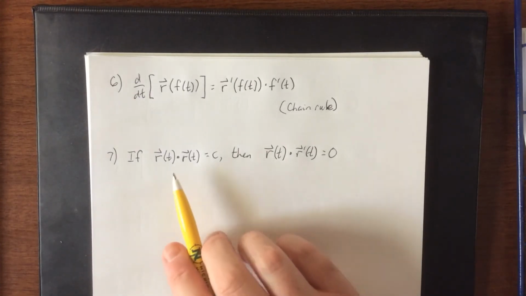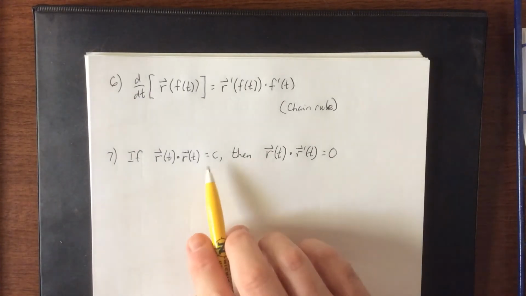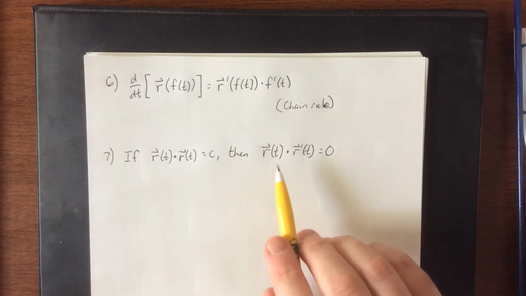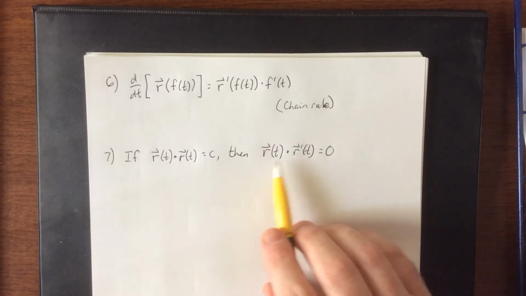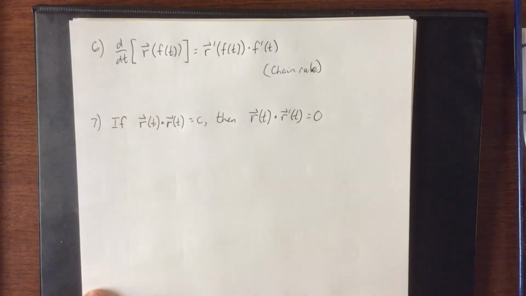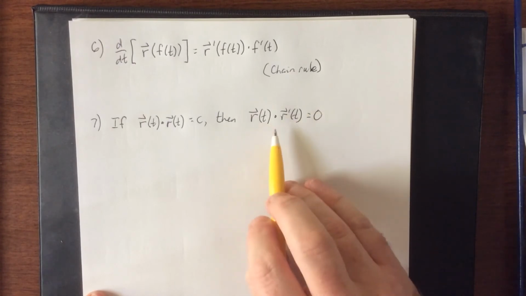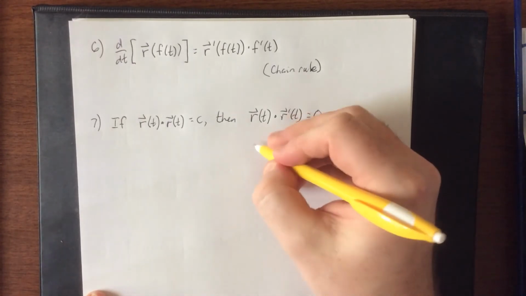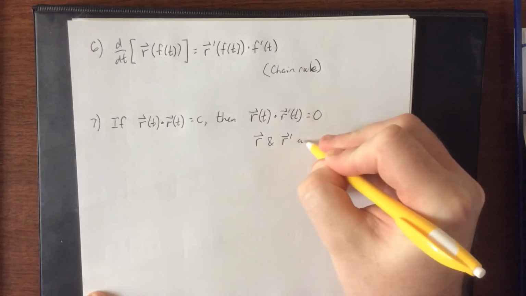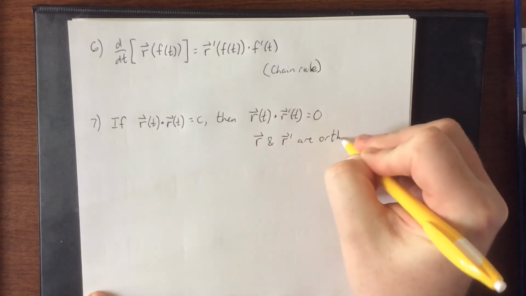If the magnitude of a vector, or a vector dotted with itself, is a constant, then it is guaranteed that the dot product of the vector function with its derivative is going to be equal to 0. Now we also know that if you take the dot product of two things and you wind up with 0, what we're really saying is that R and R prime are orthogonal.